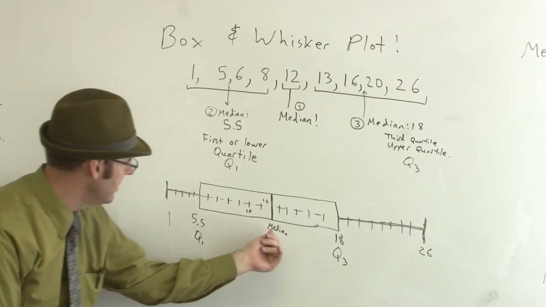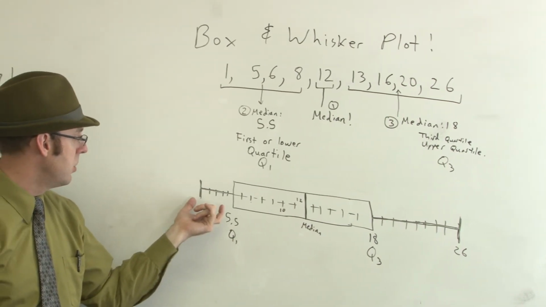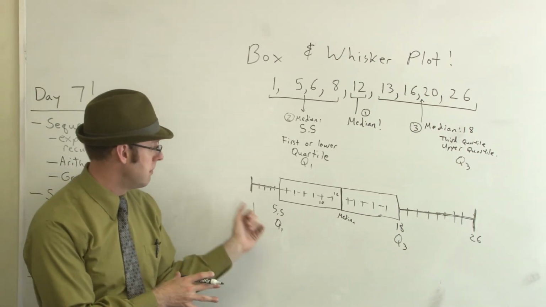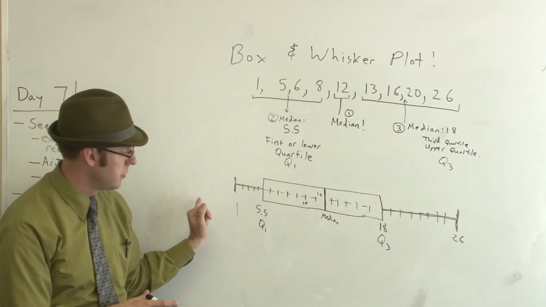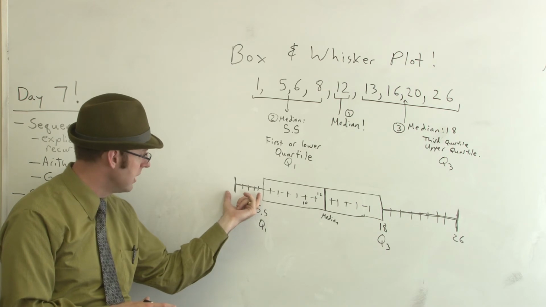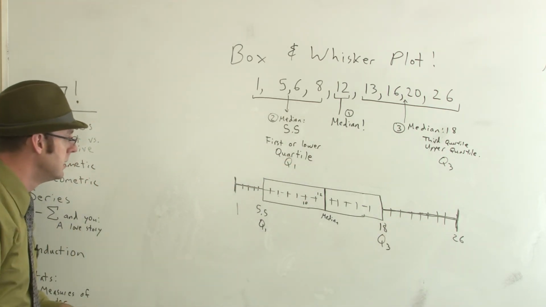So I know my median is here, but I also know that in terms of outliers, my outliers are a lot worse on this side than on this side. I just got a tiny little bit outside the box here, but I got a huge amount outside the box over here.